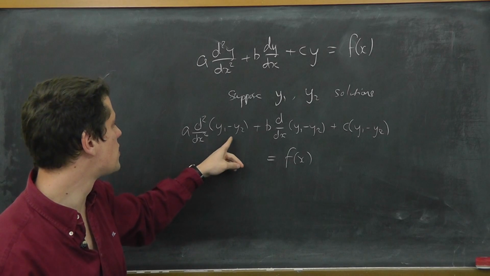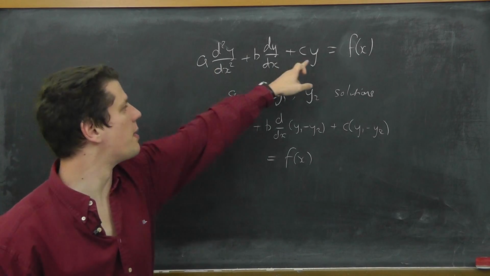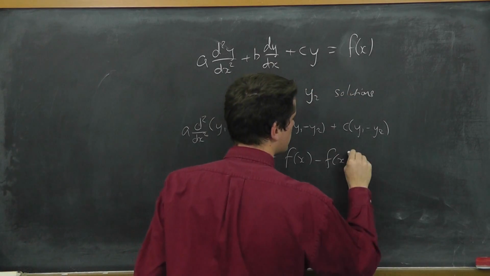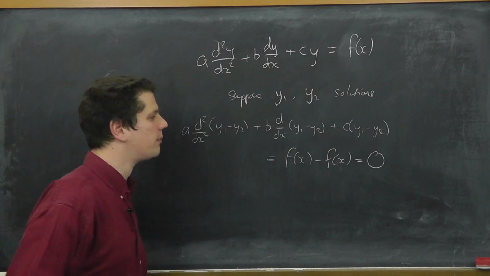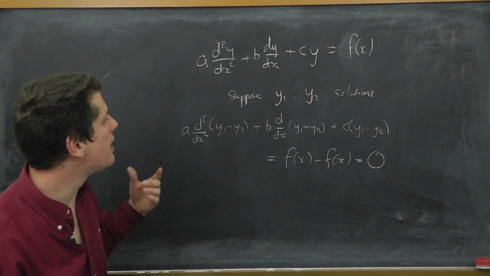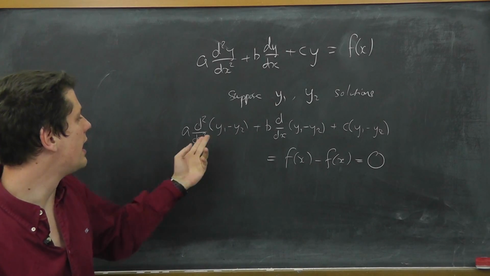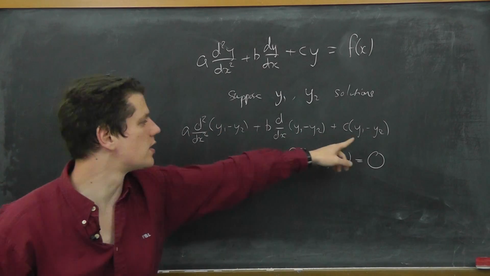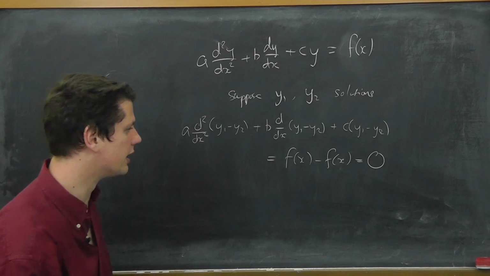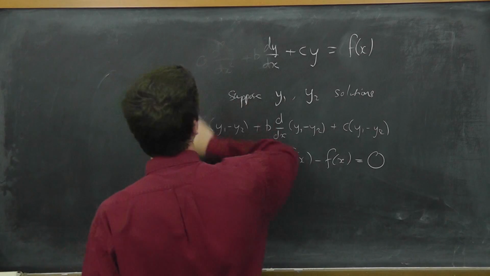Similarly, the terms involving y2 also make up a solution to this differential equation, so we get minus f of x. But that's 0. So whenever we have two solutions, their difference, y1 minus y2, is a solution to the homogeneous equation, which is an equation of the sort we were considering recently. We can turn this to our advantage. Let me show you how.